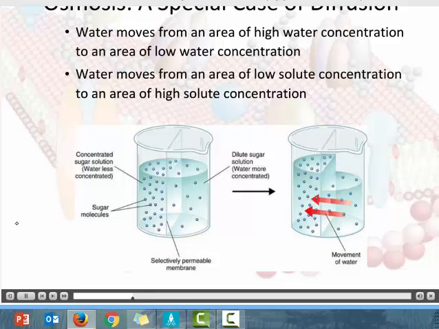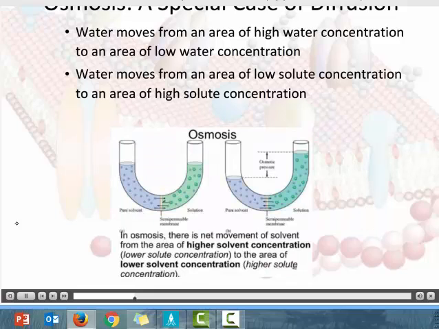If you are looking at this from the perspective of the solute, that means that water is moving from an area of low solute concentration to an area of high solute concentration.